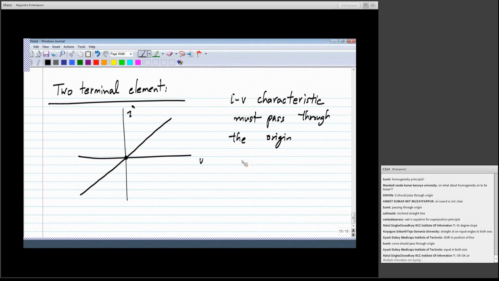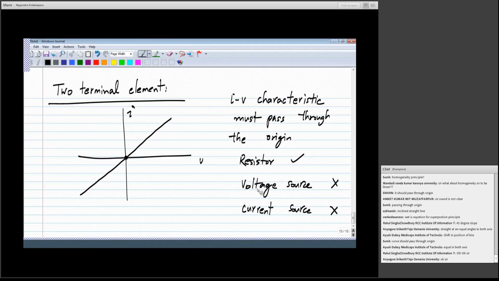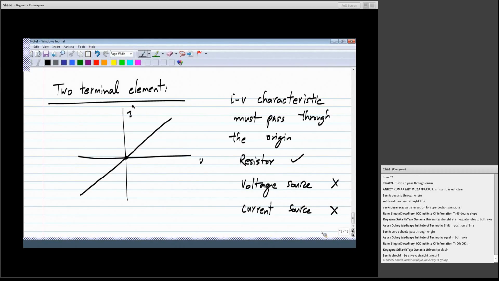And clearly this is true for a resistor, but for a voltage source or a current source, it is not true. So a resistor is linear and a voltage source and current source are not linear in that they don't follow superposition.